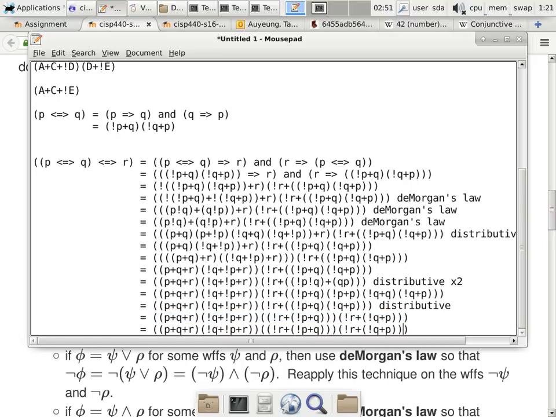So we take this one, put it here, and I know this pair of parentheses is not needed because both levels of these operations involve the same type of operation. So I can get rid of this pair of parentheses, and this pair of parentheses.